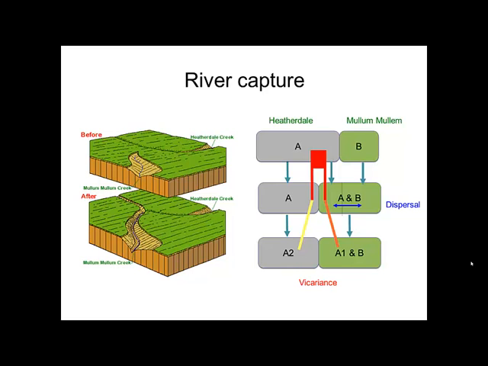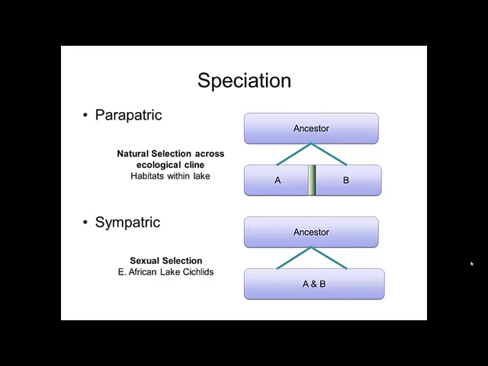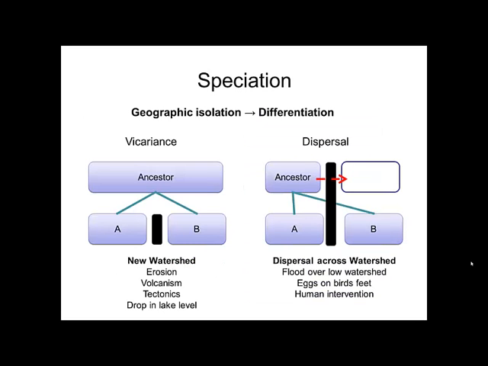So we end up with this type of situation at the end of the day, where one species derives a new species there, a new species there, and the old species in Mullum has just expanded its area. So a river capture event is a combination of a vicariance and a sort of dispersal event within the river basin.